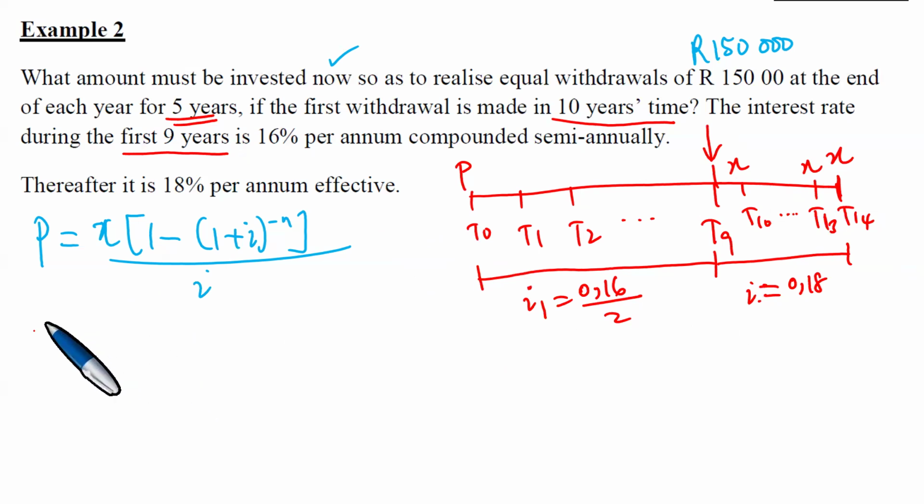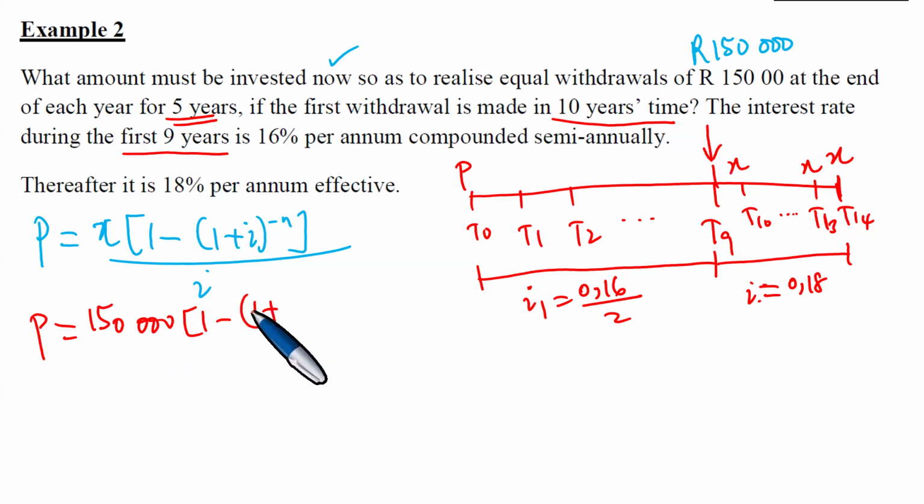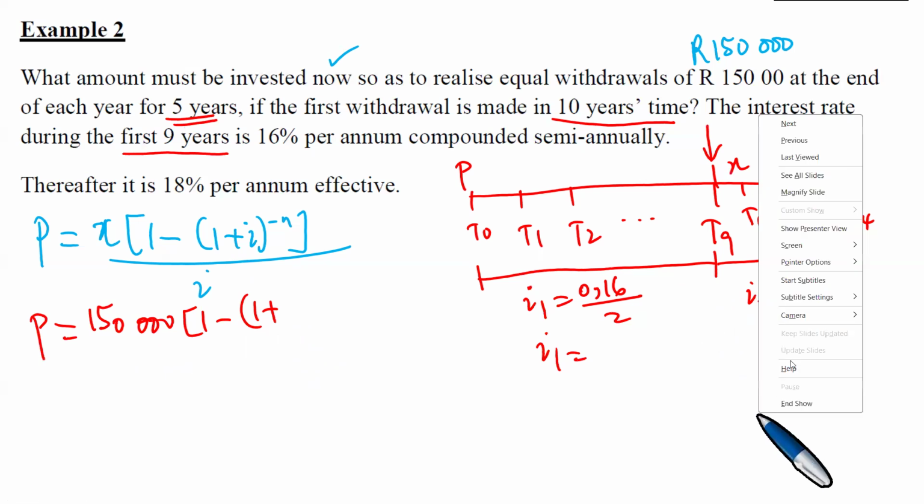Now, the easiest way to do this question is to say the present value is going to be 150,000 times 1 minus 1 plus. Now, there's certain things you need to take into account. So you have I1 divided by, use a calculator.